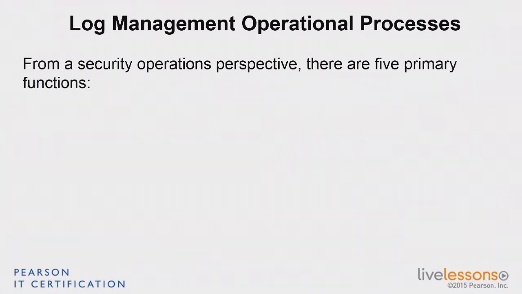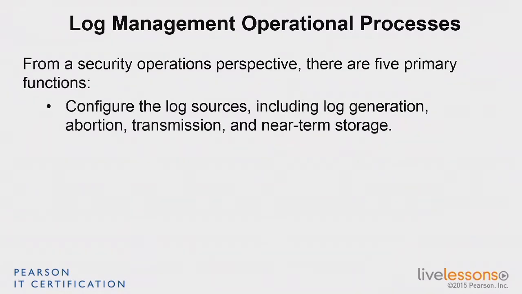So from a security operations perspective, there are 5 primary log management operational processes. The first is to configure the log sources, including log generation, abortion, transmission, and near-term storage. Now what we mean here is log generation, that we're configured to actually generate logs and we're capturing the right information.